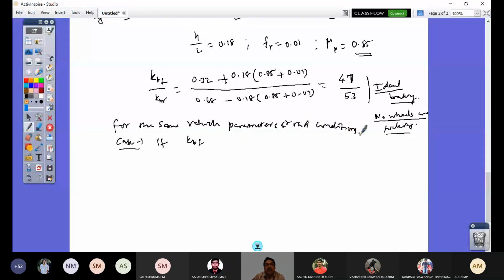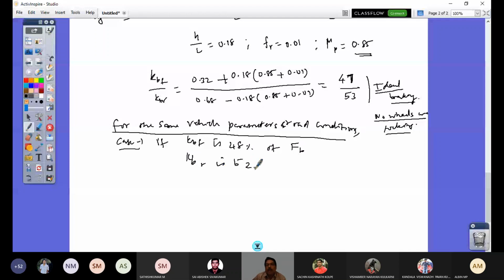And road condition. Case 1: if KBF is 48% of total FB, and KBR is 52% of total FB. That's one case.